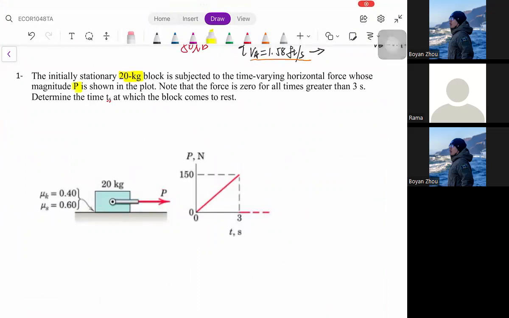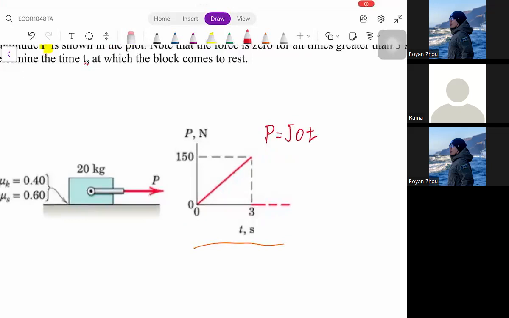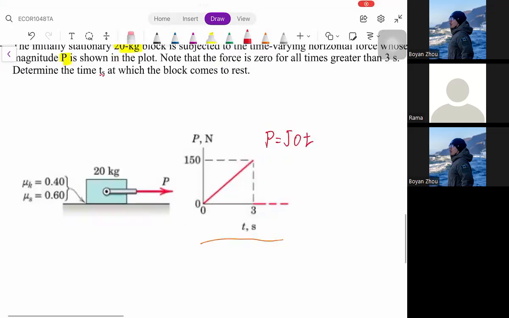The magnitude of the force is a function of time, as shown here. On this graph, the force function is equal to P equals 50t. That is just a function of this line.